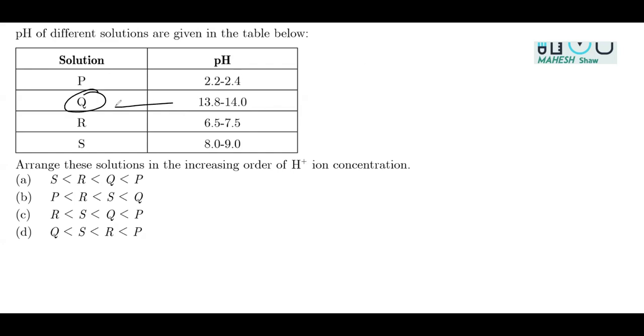Since we have to arrange in increasing order, the lowest H plus ion concentration is this one, from low to high. That's what we know about increasing order. Then after Q, the next is S, and next to S, it is R.